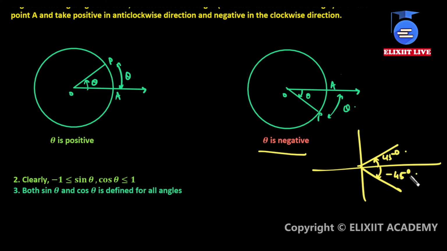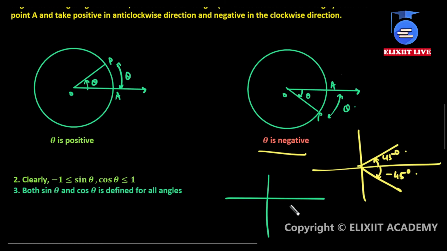Now suppose I ask you the question: where does minus 120 degrees lie? This is minus 180. We are measuring in the clockwise direction. This entire half circle is minus 180 degrees.